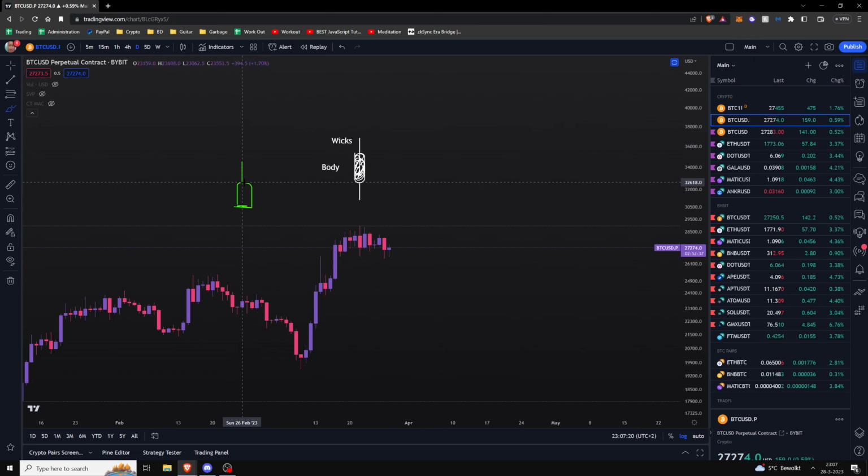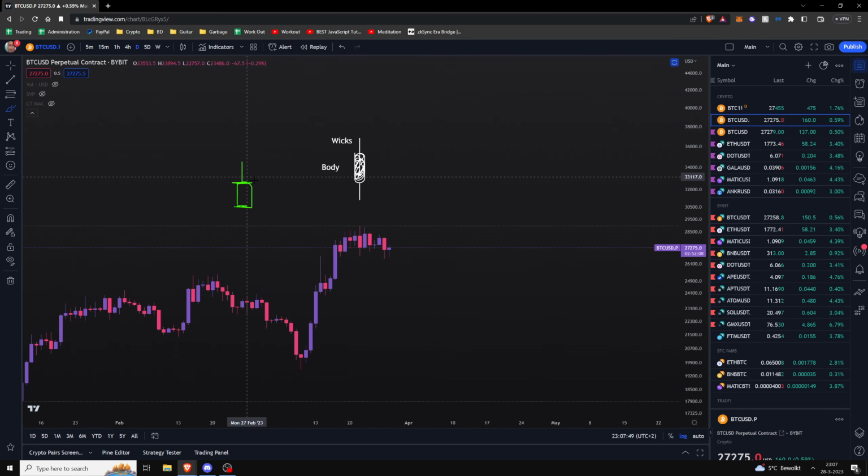So within 1 day, in this example, we could start down here, trade all the way up, but eventually close the day right here at the top of that body. That's how you get these little wicks on the top side. This is basically where price has traded, but it didn't close.